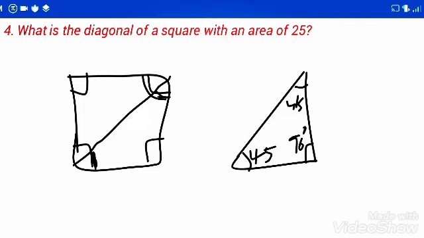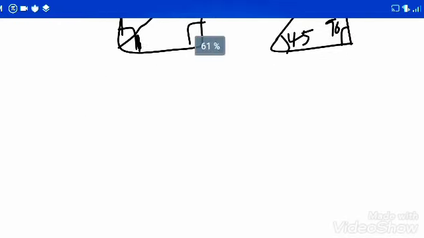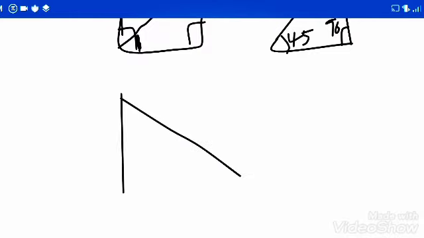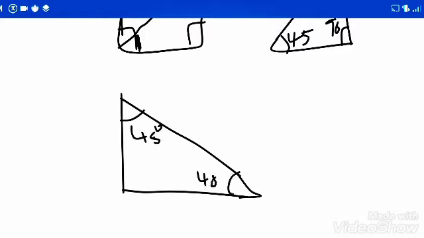So let's look at this. From trigonometry, when we're deriving sine, cosine, and tangent of 45 degrees, here is 45 degrees. Usually we say this is 1 and this is 1, and then we solve for this part. This is the longest side, which is the hypotenuse. Let's call it x.